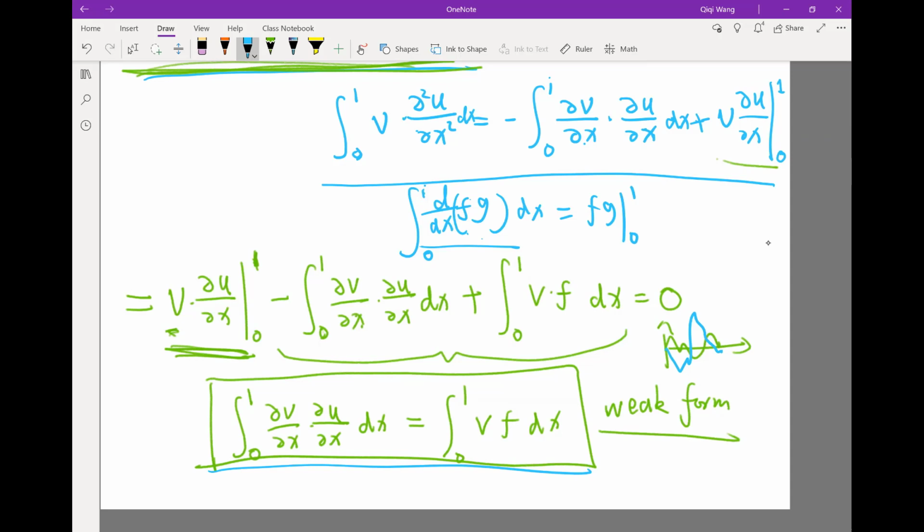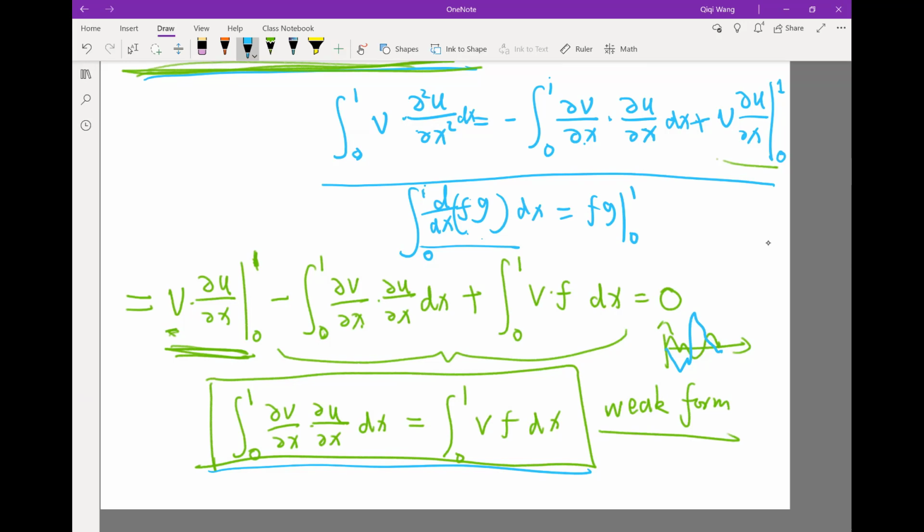Now, when we get to finite elements, we derive the weak form, and the weak form is supposed to hold for any possible differentiable v. And as you're going to see later on, I'm not going to enforce this weak form for any possible v. I'm only going to enforce this equality for a finite set of v's.